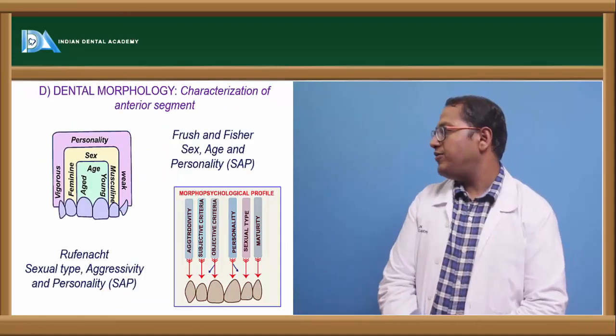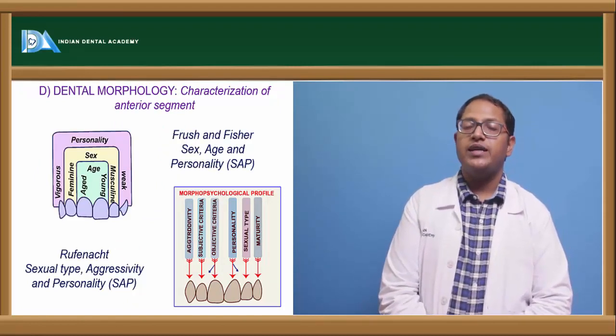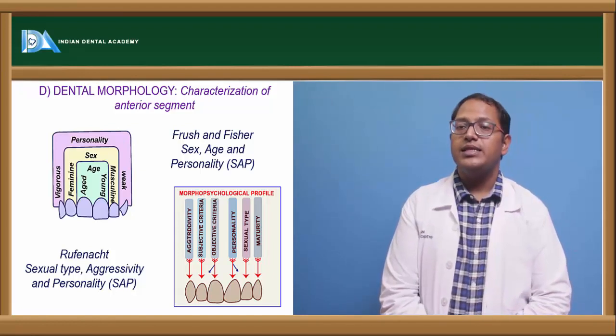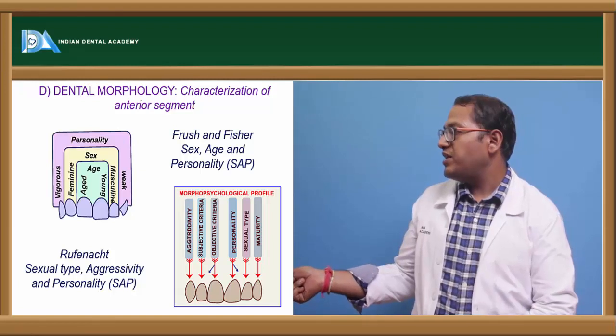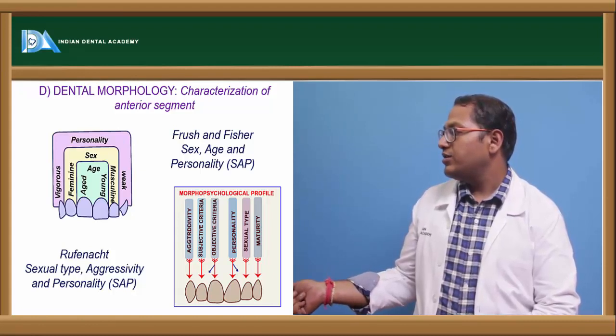Coming to the dental morphology, characterization of anterior segments. Characterization of anterior segments can be based on Frush and Fisher's theory again. There is a SAP theory: sex, age and personality. So based on the sex of the patient, feminine or masculine, age of the patient, young or old, personality, weak or vigorous, we can give the kind of teeth that we require.